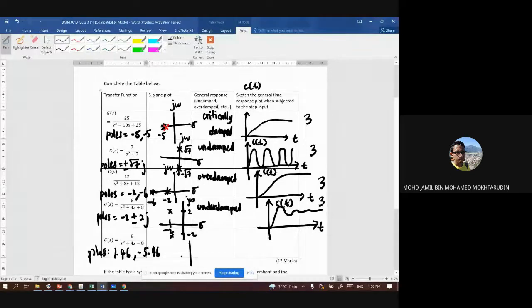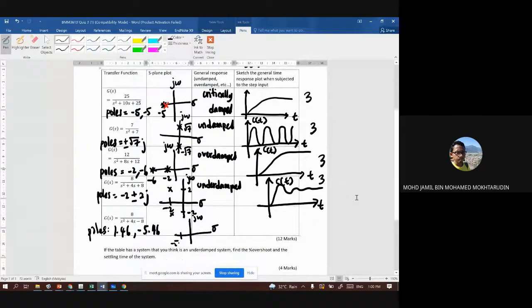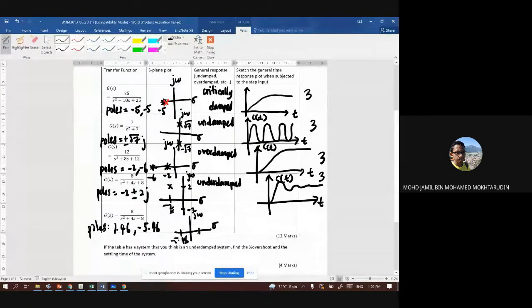If you sketch on the S-plane, it's here -5.46 and here 1.46. So the general response, there is no general response here. Why? Because this is an unstable system, because you have one pole on the right hand side. When a system has one pole on the right hand side, this system is unstable.